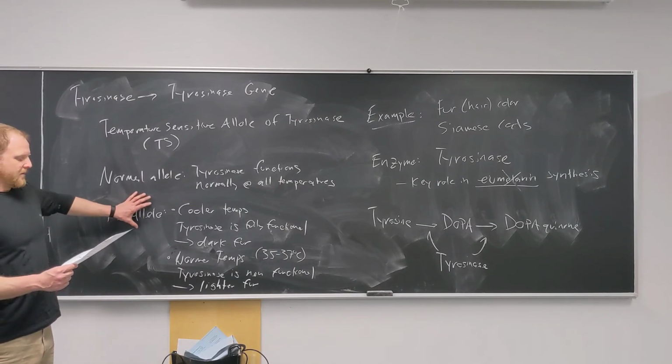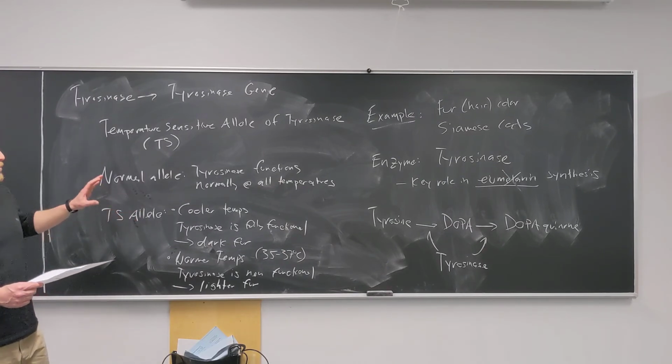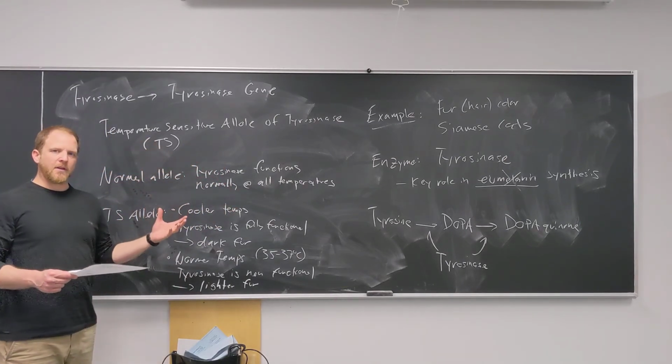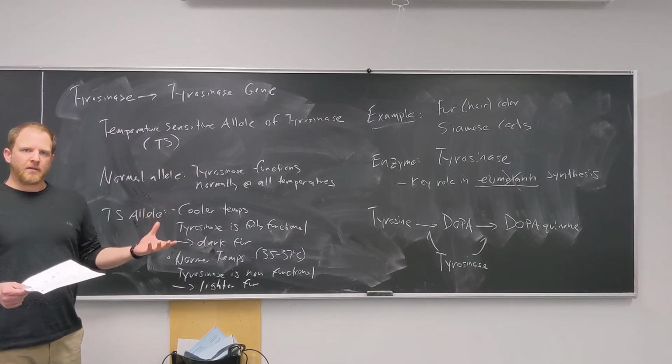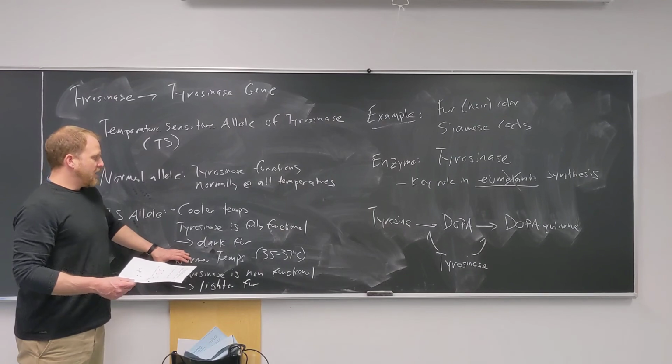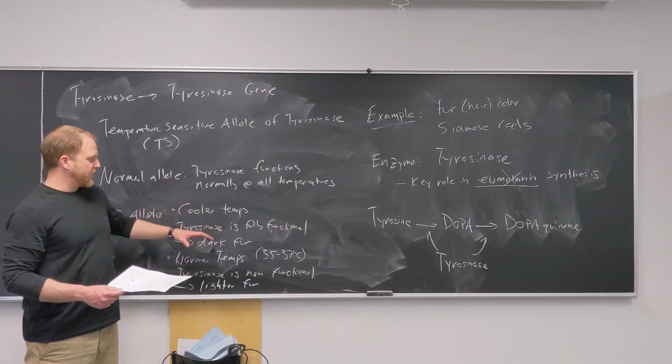So this is one way in which the environment can interact with the genetics of an organism to produce trait variability. Our phenotype in this case is going to vary somewhere between dark fur and light fur.